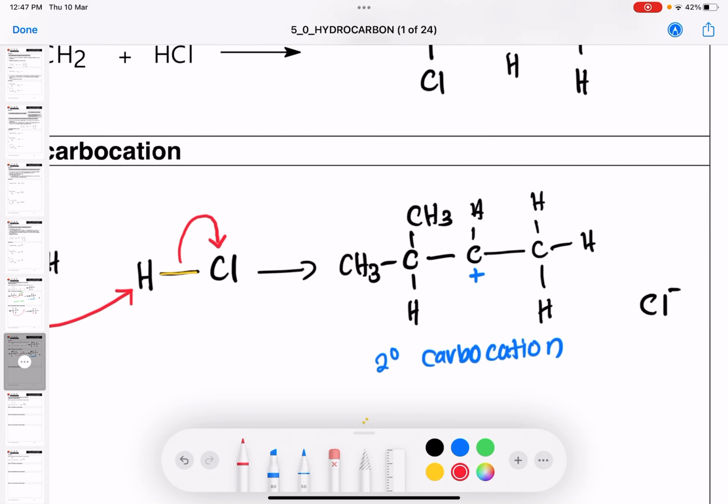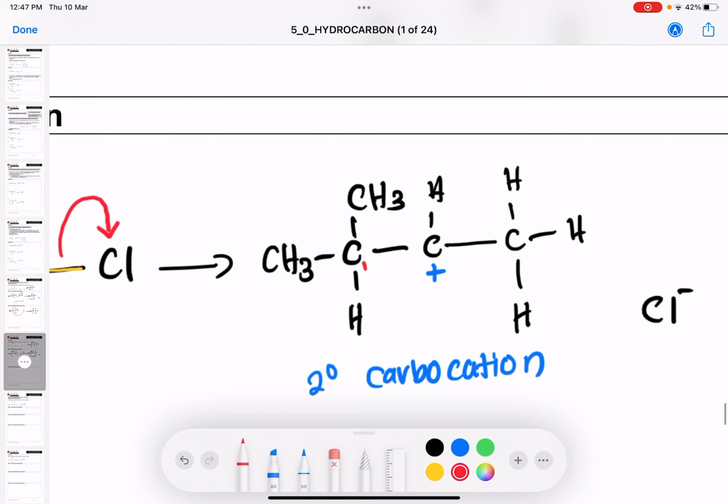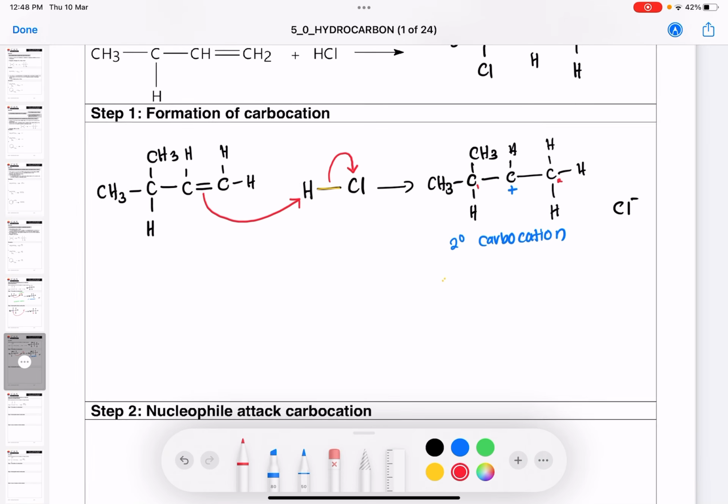So if we look carefully, we have carbon 1 and carbon 2. We can actually make the rearrangement by undergoing a 1,2 hydride shift. But with which carbon? Is it carbon 1 or 2? Yes, the answer is carbon number 1.